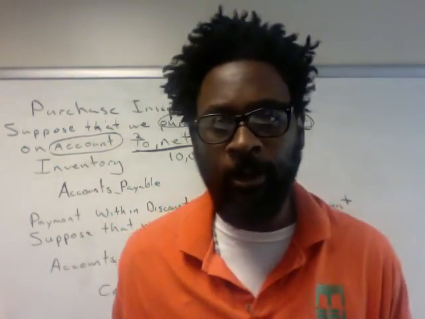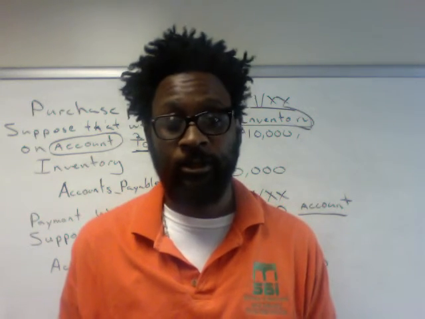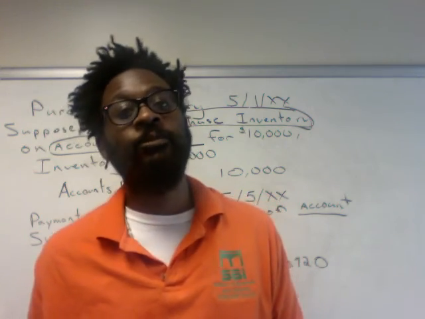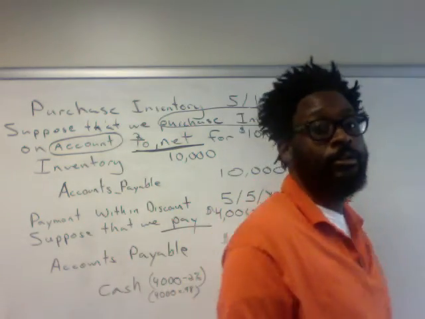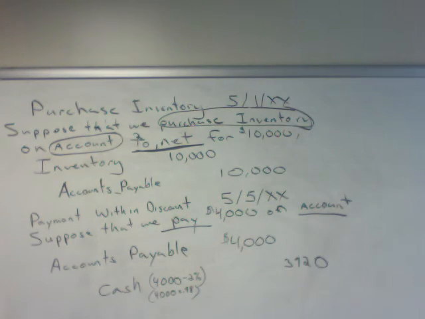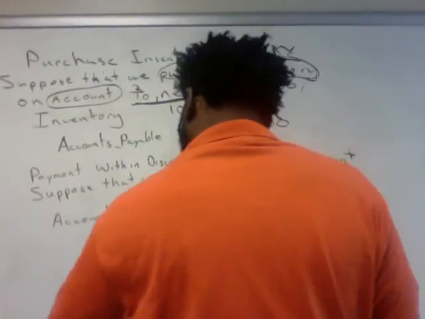And what's rule number one? Inventory is always on the books at what? Cost. So if your cost went down because of a discount, then what else should go down? The cost of your inventory. So what should we credit to make sure our debits and credits equal? Inventory.